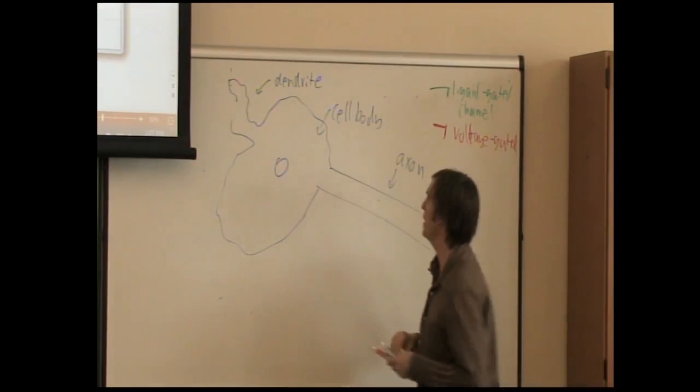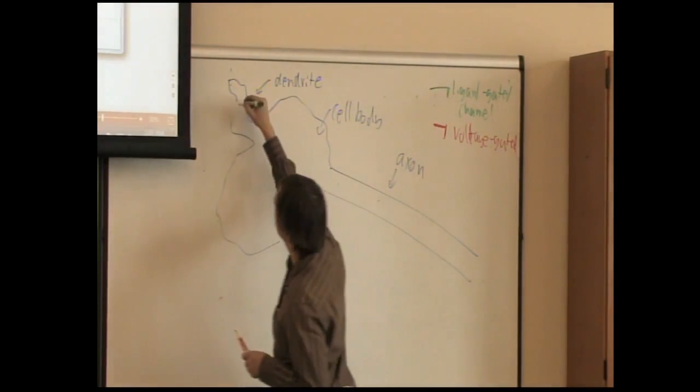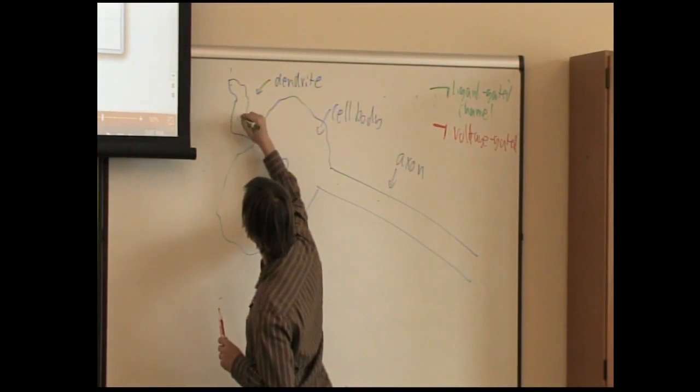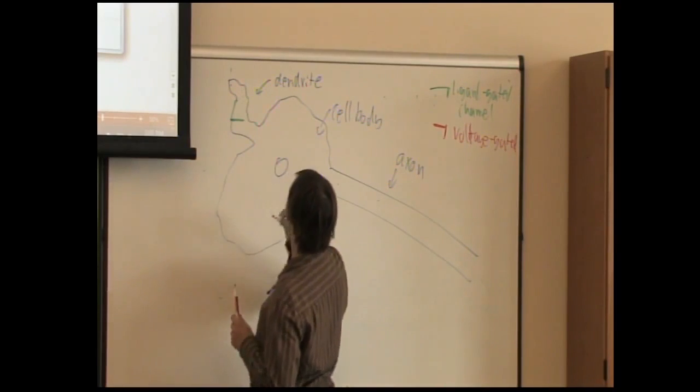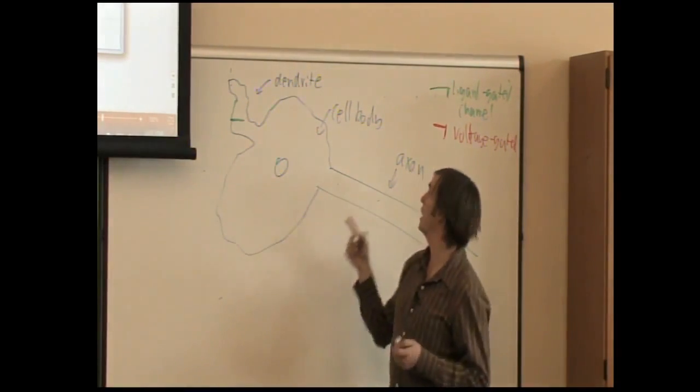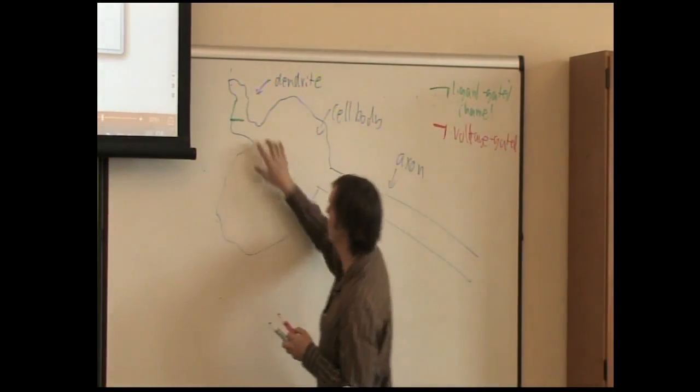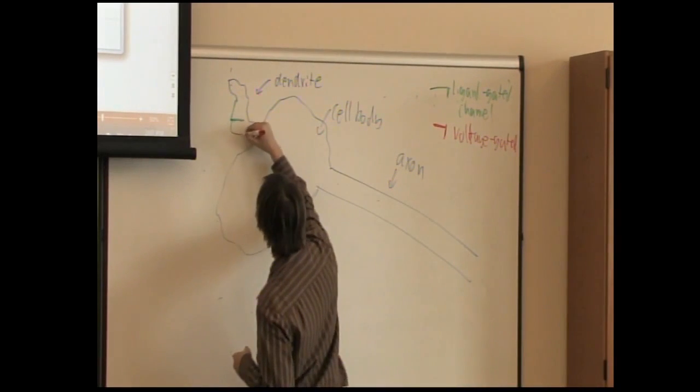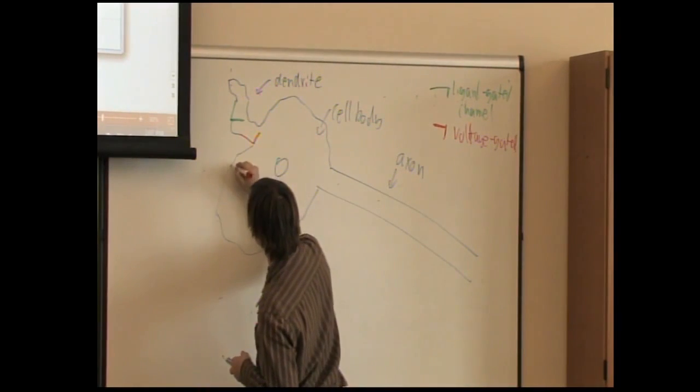All right, so anyways, in our dendrite, we've got some ligand-gated channels, and we've got some voltage-gated ones, the cell body too.